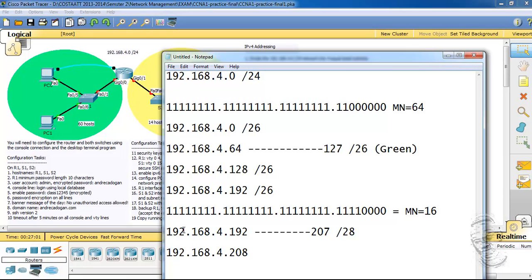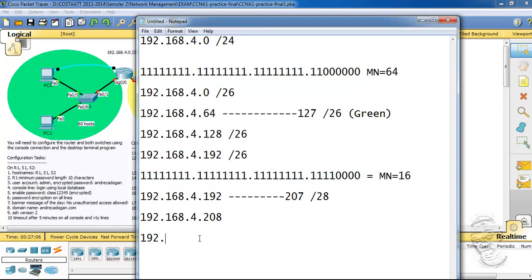Then the other one will be 192.168.4.224, and the last one will be 192.168.4.240, and all of these will be /28, because at a /28 we are borrowing 4 bits and our magic number is 16.